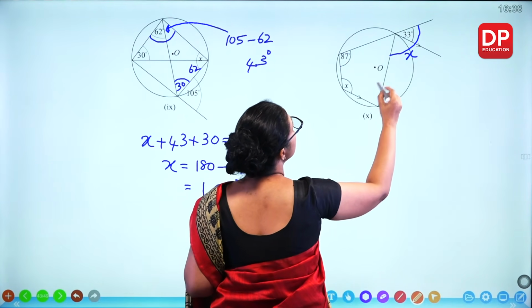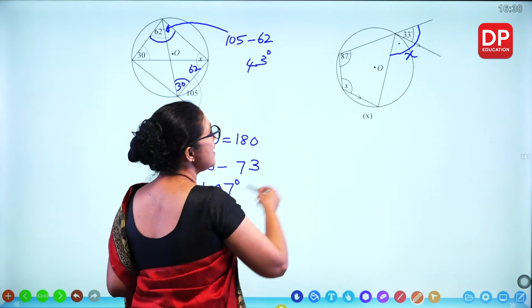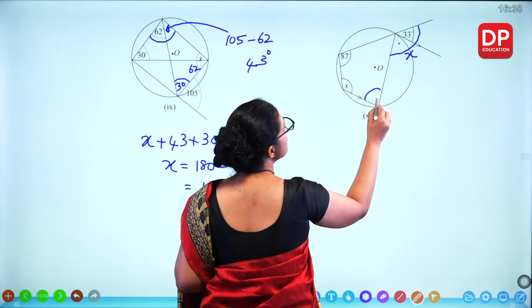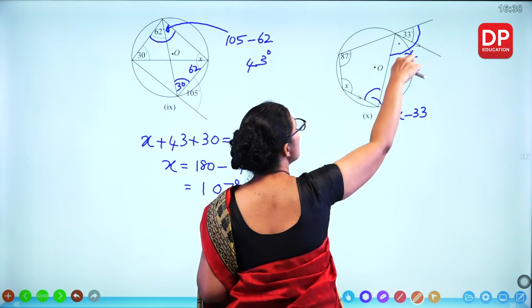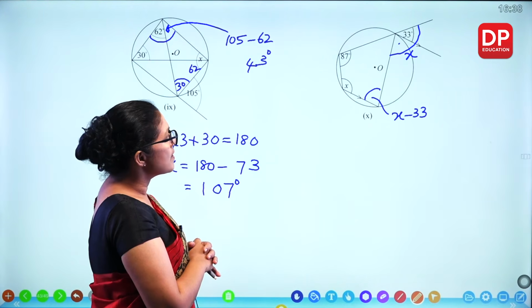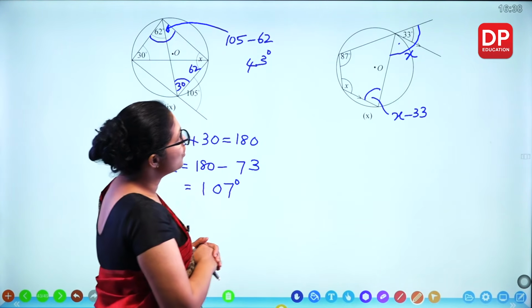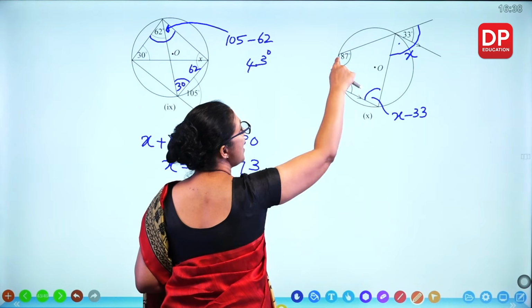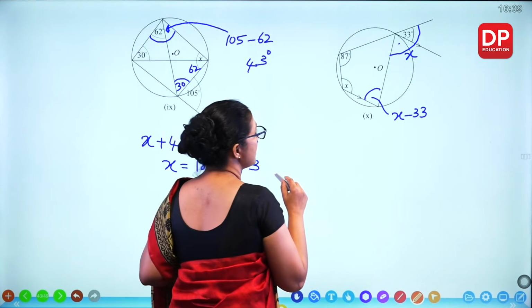So what's this angle? x minus 33 is the same as, this is also x minus 33, because the whole thing is x, the other one is 33. Now, what's the relationship? These two add up to 180, opposite angles of a cyclic quadrilateral.